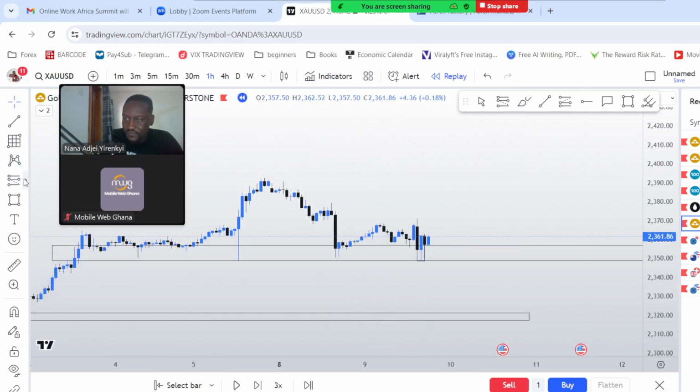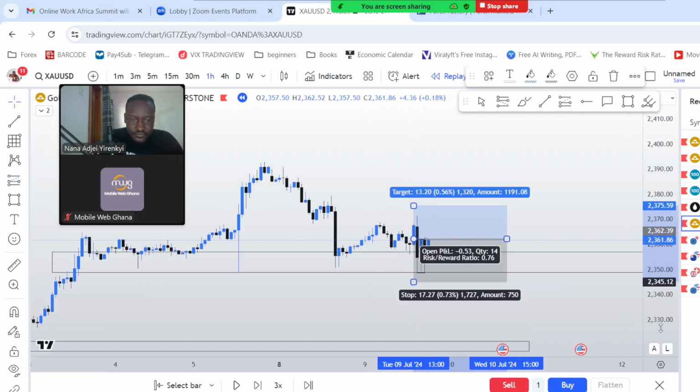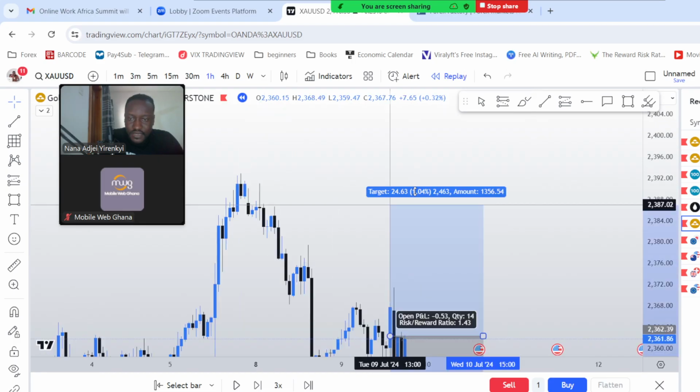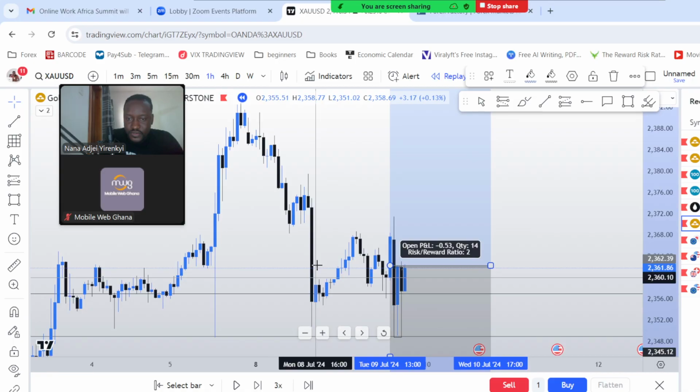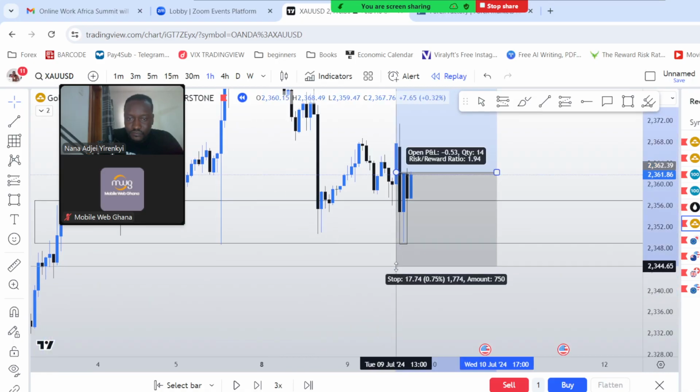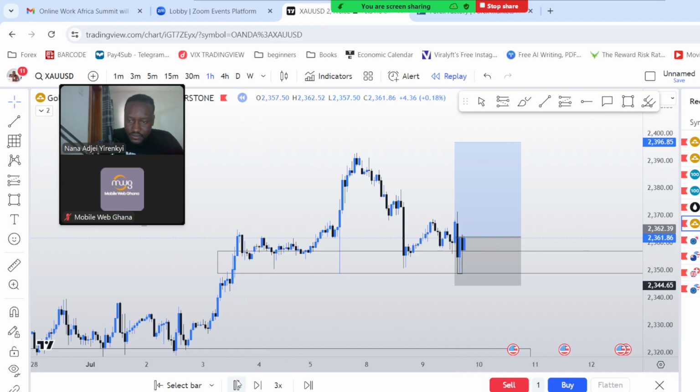So once I see my confirmation, I place my risk reward tool on it, place my stop loss right below the key level, and then I target a decent risk to reward. Okay, then I play it out.